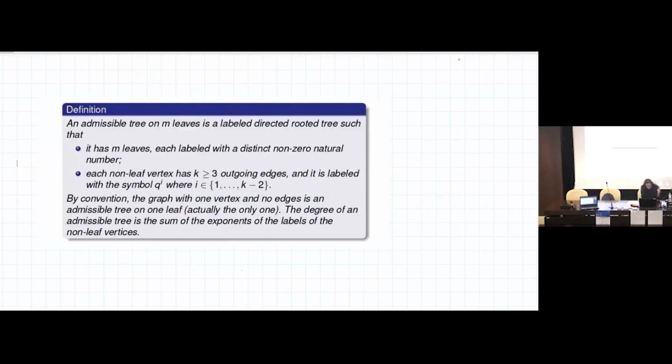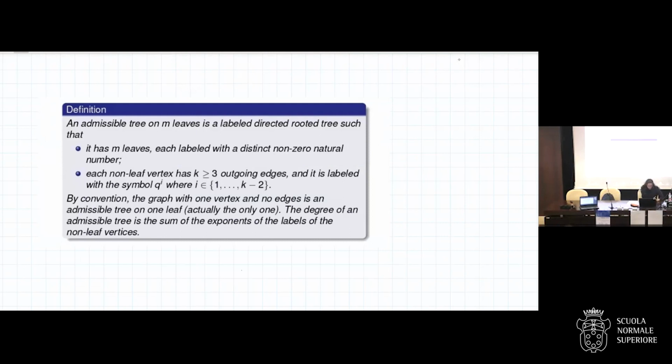So I was talking about admissible trees that we need to introduce in order to have the description of admissible paths. An admissible tree is a tree graph on m leaves. Having a tree graph means we don't have any cycles in it. We want these trees to be rooted, meaning that we have a distinguished vertex.